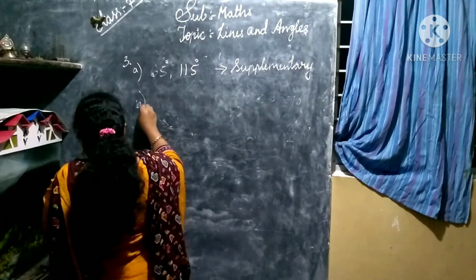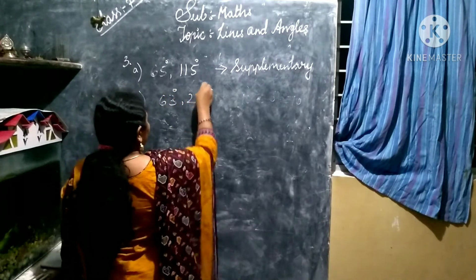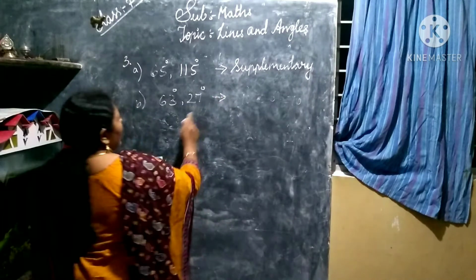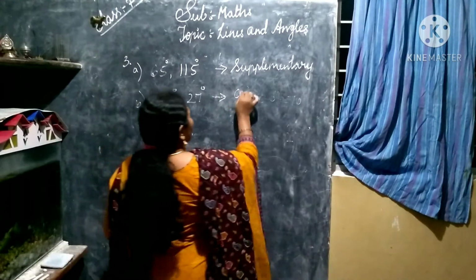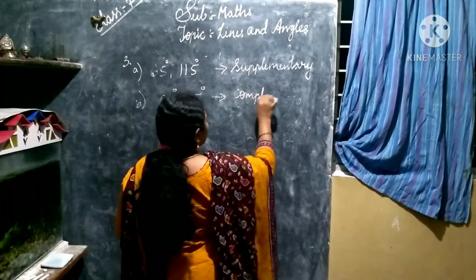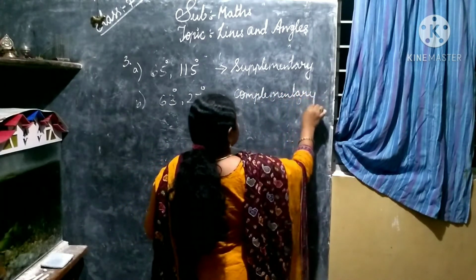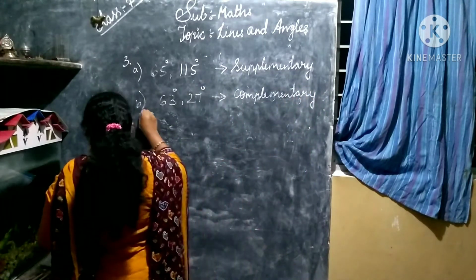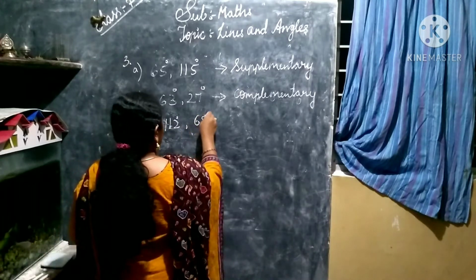Okay, look at B, 63 degrees and 27 degrees. Both are acute angles. When both are acute angles, it becomes a complementary angle. Now C, 112 and 68.